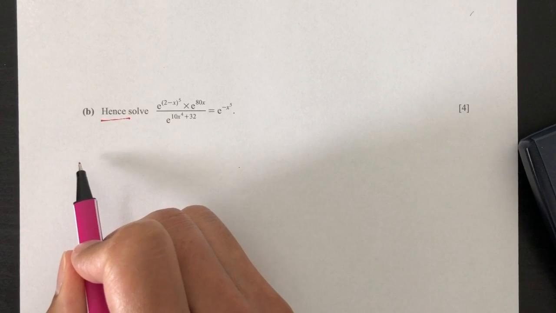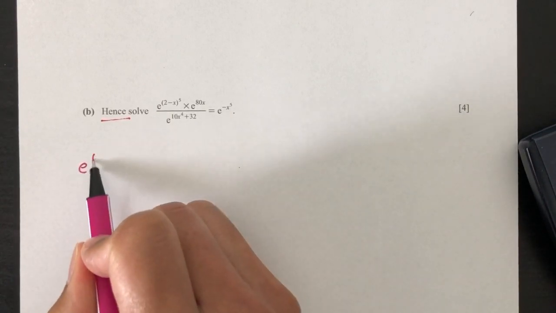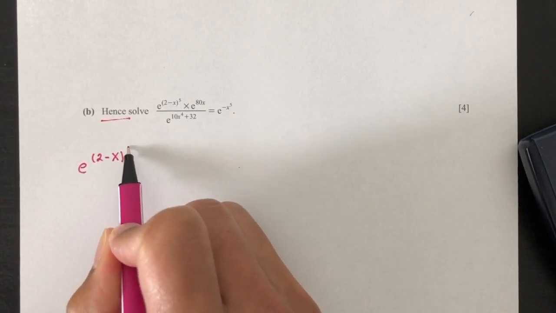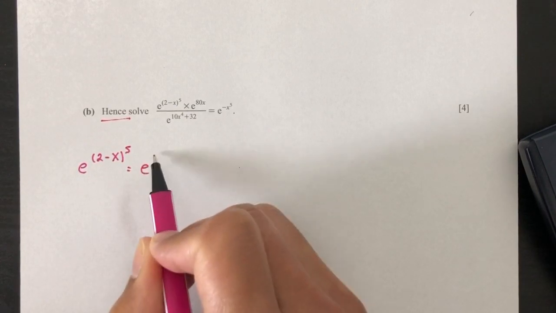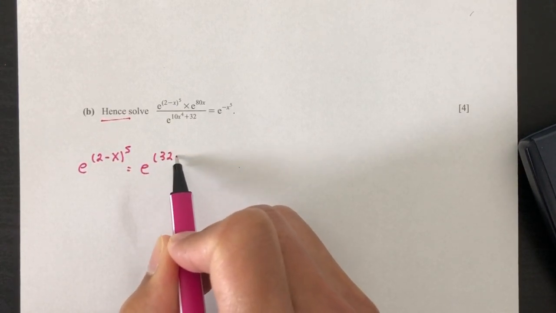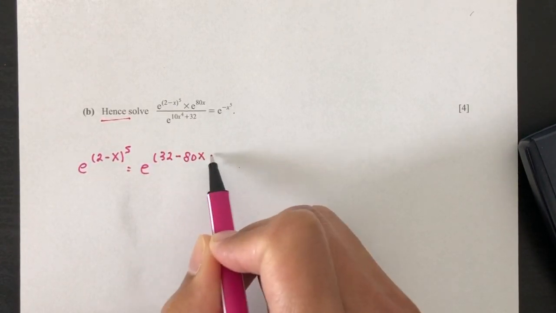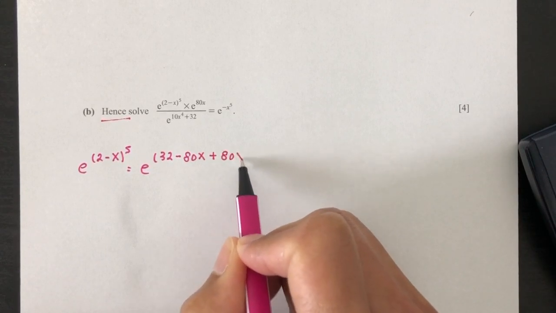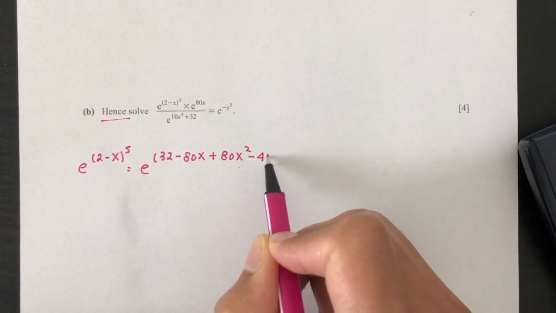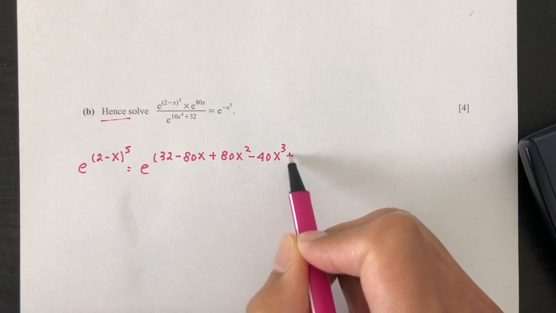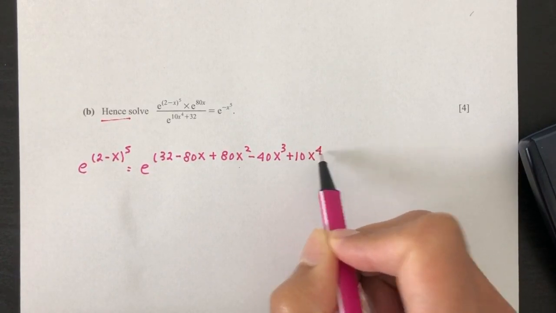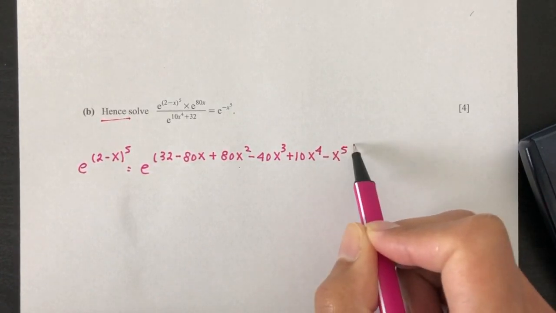So you will have e, 2 minus x power 5. That will be 32 minus 80x plus 80x squared minus 40x cubed plus 10x power 4 minus this.